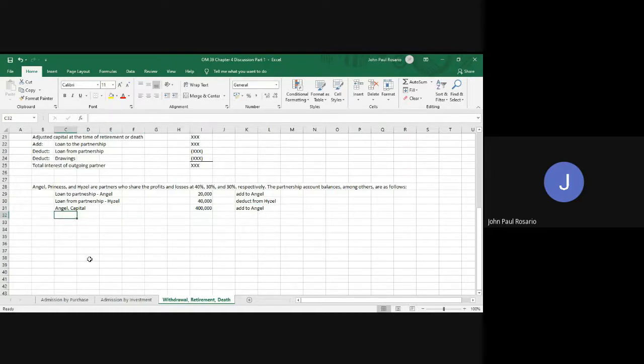Then we have Princess Capital. The amount is 300,000. This is add to Princess. We also have Hazel Capital, 300,000. This is add to Hazel.